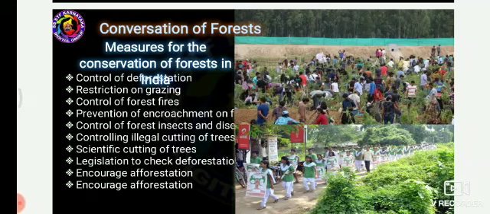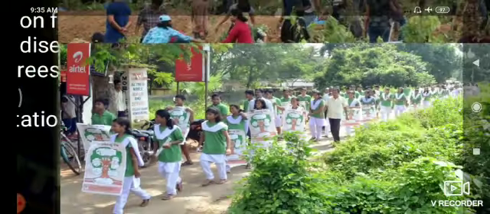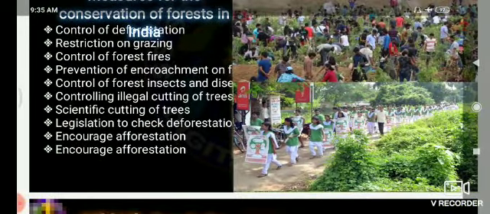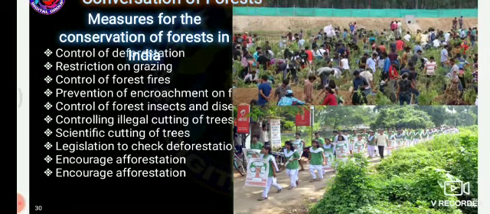Illegal cutting of trees should be avoided, and scientific cutting of trees followed, cutting down only old or dried trees. Legislation to check deforestation, meaning law, is okay, but implementation of the law is very important for conservation of forests.